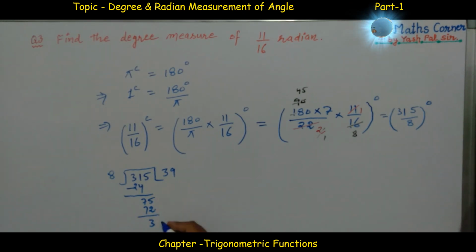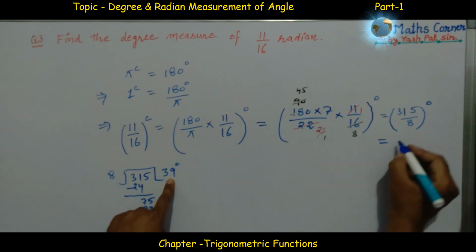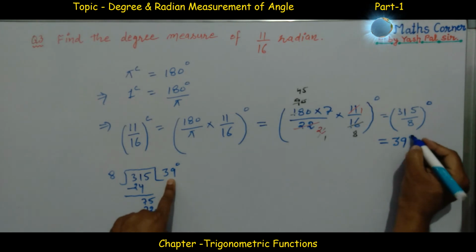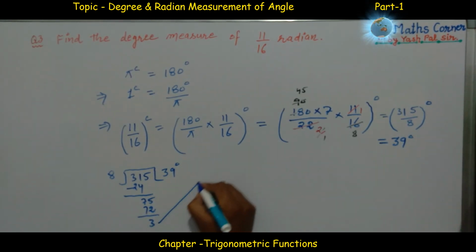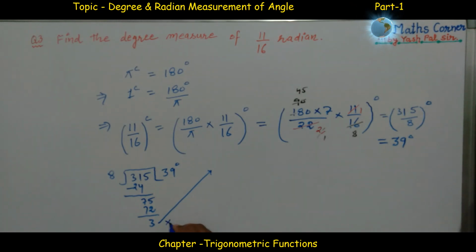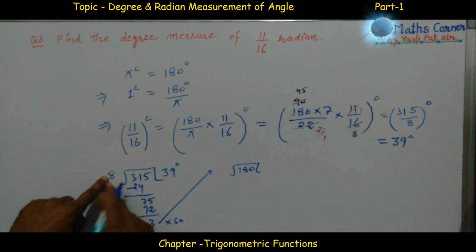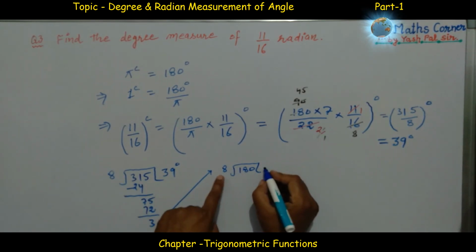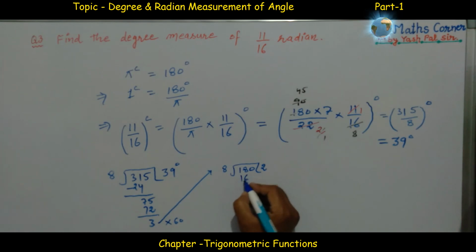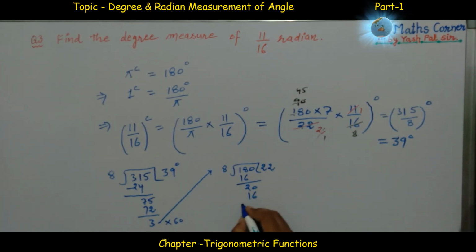In the next step, this becomes 39 degree. Now this 3 remainder, what we do, we multiply this by 60, then this becomes 180. Again we divide this number by 8. So 8 into 2, 16, 20, 8 into 2, 16, 4 is the remainder.